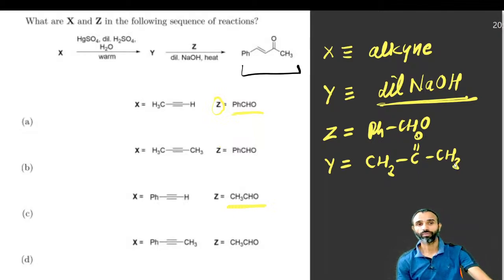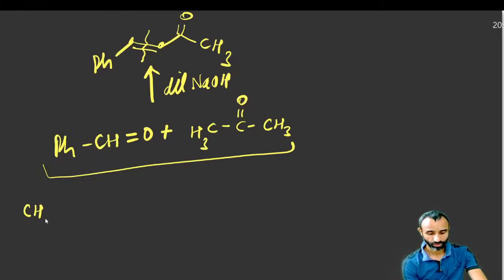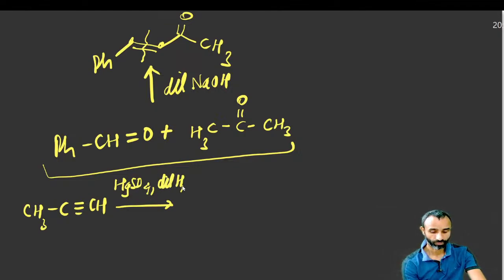So from this point, X should be an alkyne with 3 carbons. It should not be but-2-yne, because that will form a ketone with 4 carbon atoms. So it should be propyne. In propyne, when hydration takes place in the presence of HgSO4 and dilute H2SO4, it follows Markovnikov's rule.